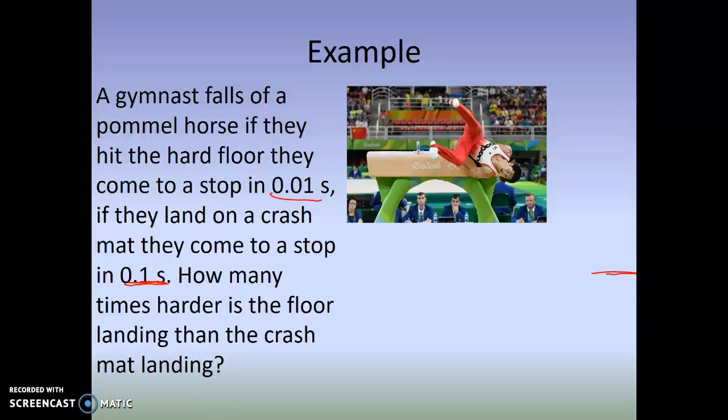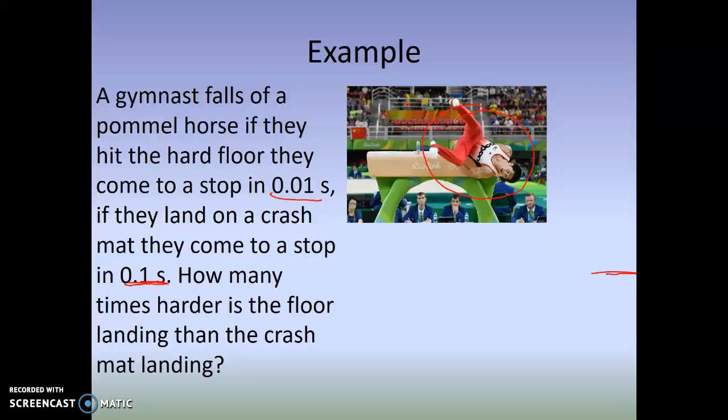But the change in momentum will be the same in both instances, because the gymnast has a mass of whatever, and when they start to fall, they've got an initial speed of whatever. So they've got a momentum of whatever. When they hit the ground, that momentum will be 0. So the change in momentum is final momentum minus initial momentum, so 0 minus initial momentum, which is basically the initial momentum.